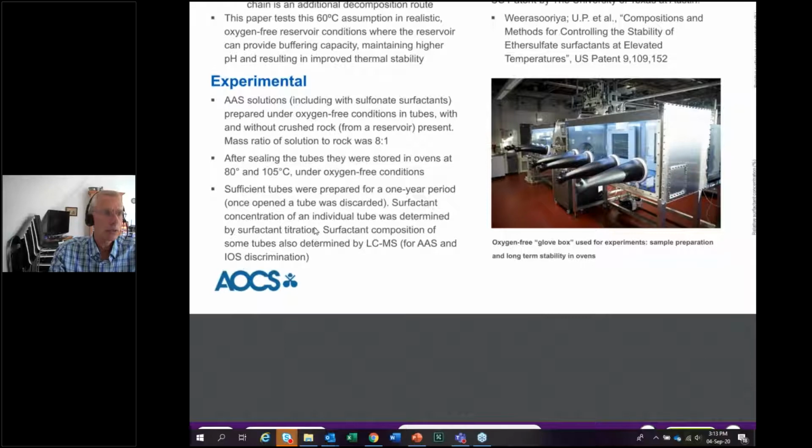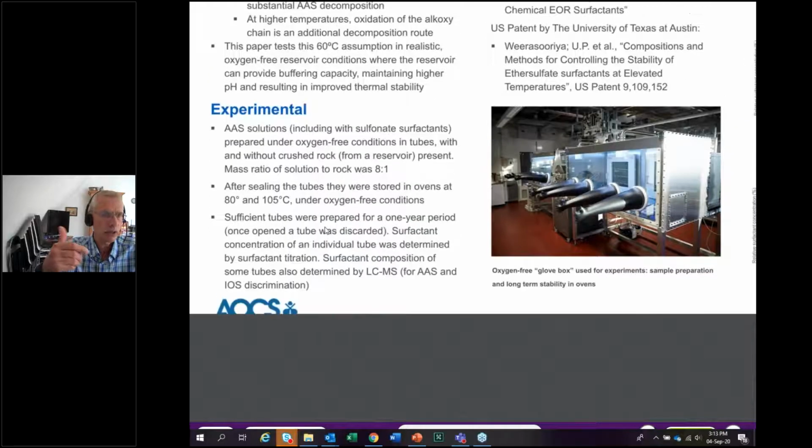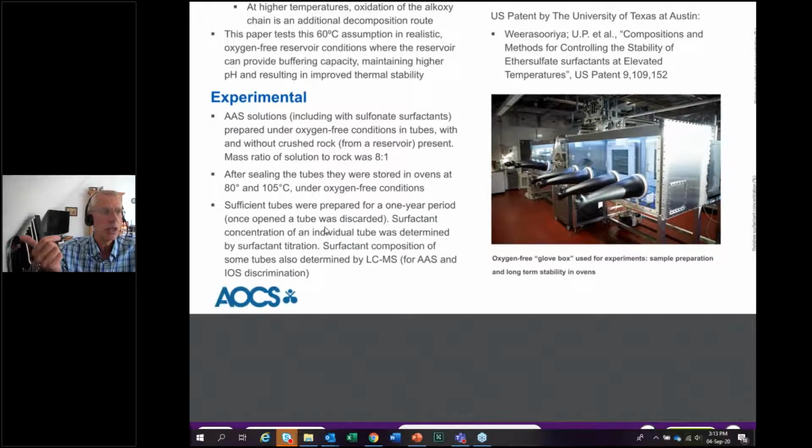We looked at the solutions in terms of pH and total surfactant concentration by percent active titration. We've also carried out some work looking at the discrimination of the different surfactants by LCMS. But the work I'm showing you here will be about the pH measurements and about the concentration of the surfactant by percent active.